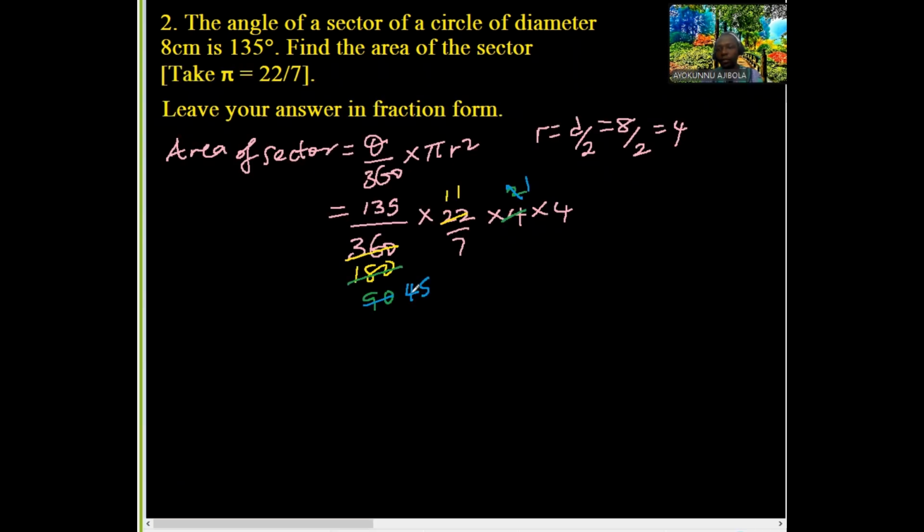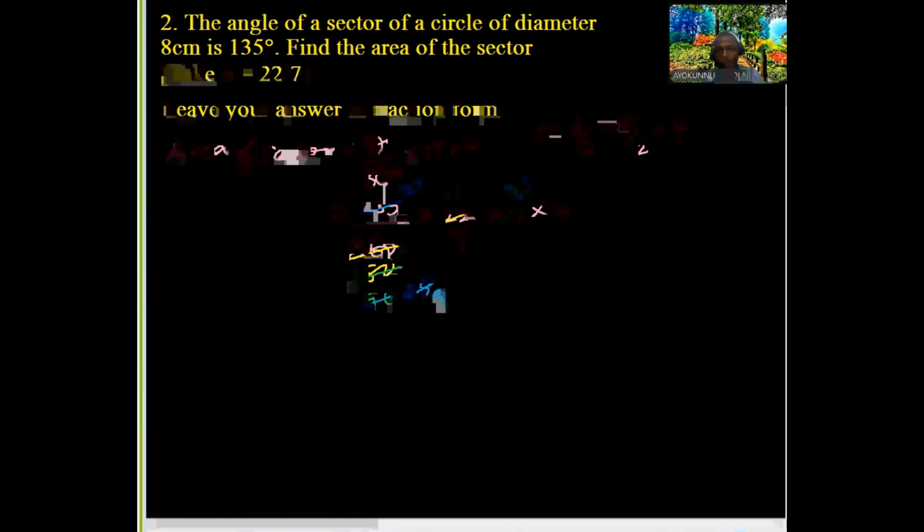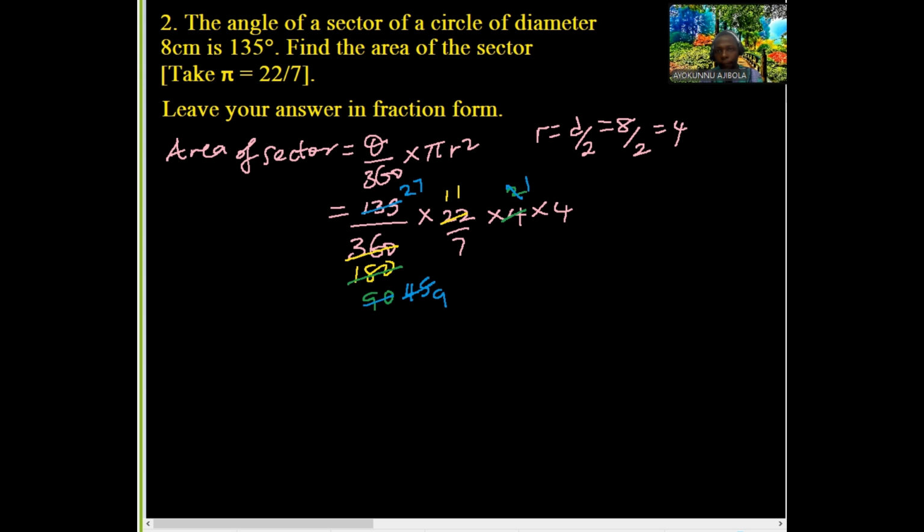Now we have 5 here is 9 and 5 in 35 is 7. Okay, is that clear? Can you hear me? Yes, sir.